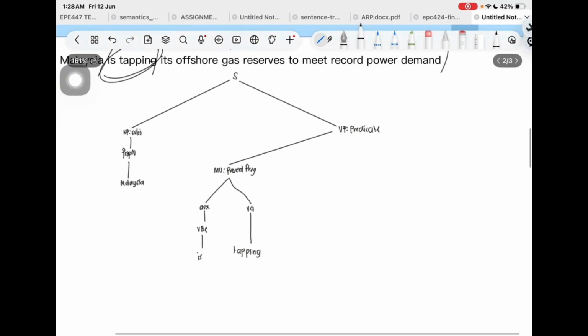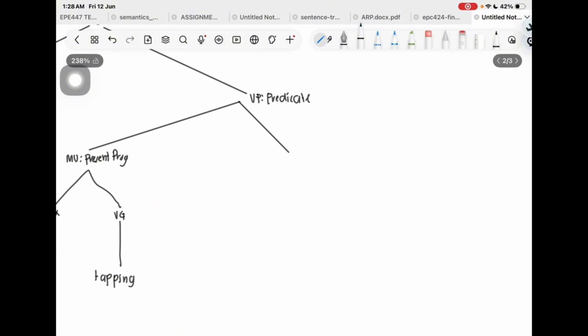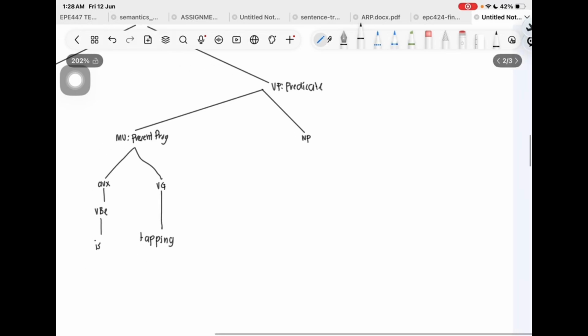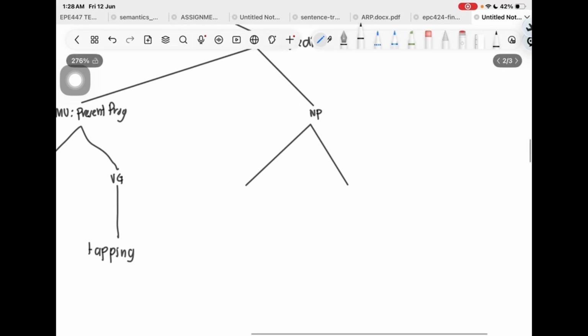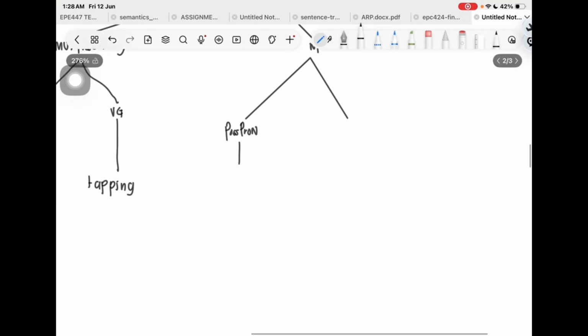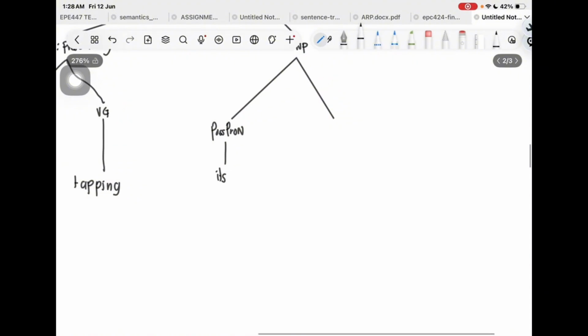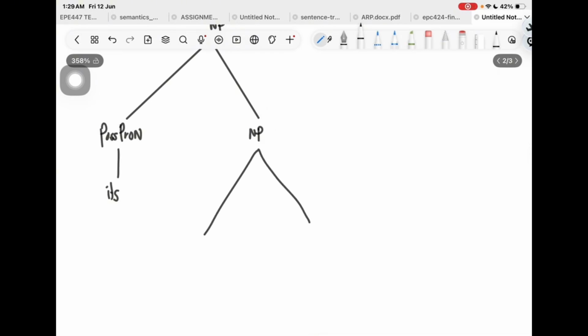Okay, next we're going to do the noun phrase. Right here we have noun phrase, and then two branches again. The first one is possessive pronoun, which is for its. And then right here we're going to have a noun phrase again, two branches again.